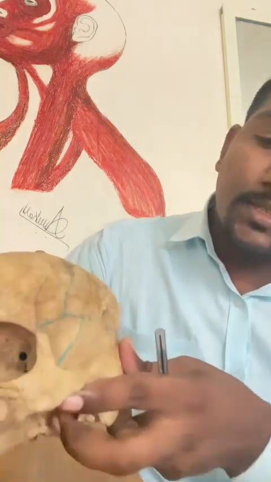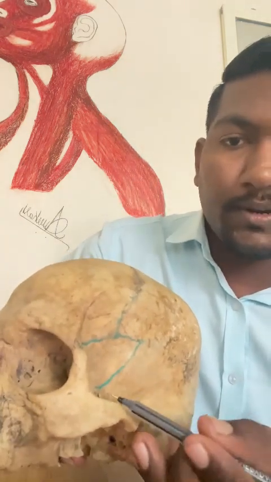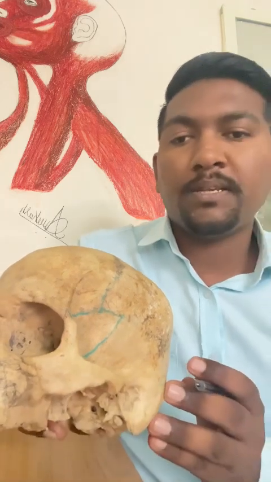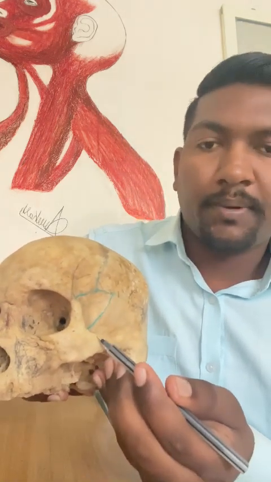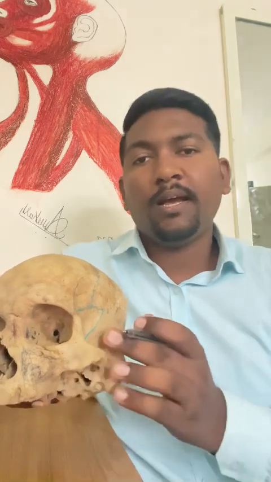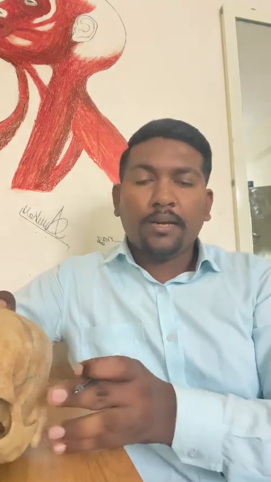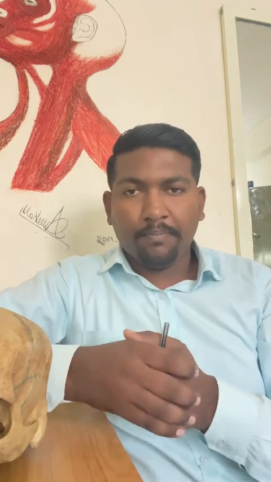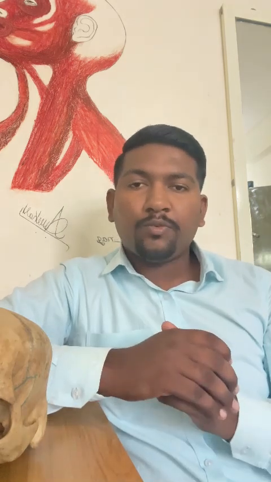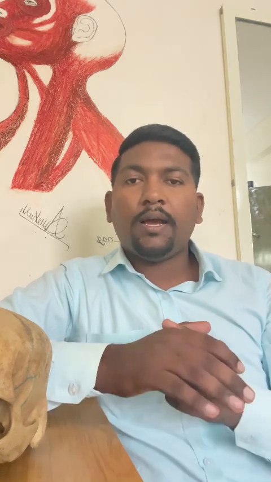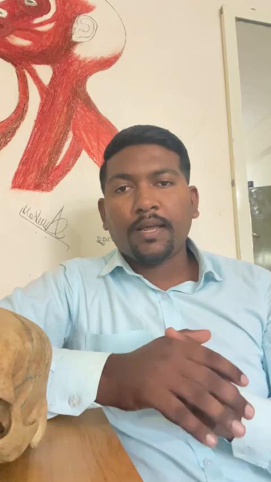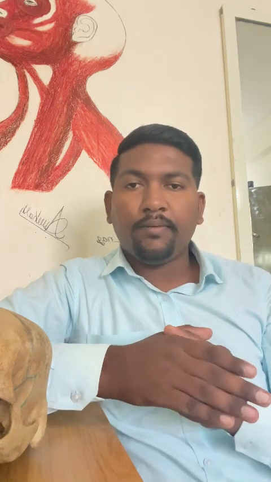We can see this is the zygomatico-temporal suture, and the muscle arises from this area in front of it and is inserted into the integument of the upper lip.